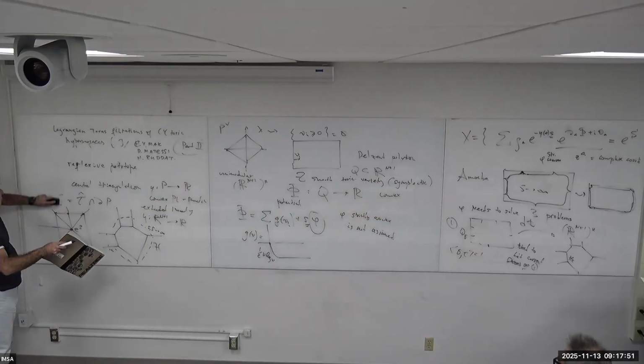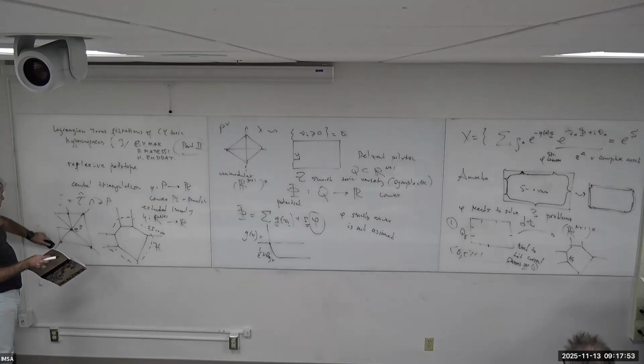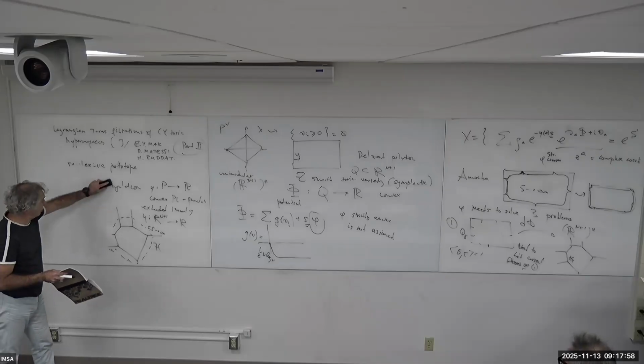That's the first picture. So the symplectic hypersurface that you get in the end doesn't depend on Q, it just depends on P.